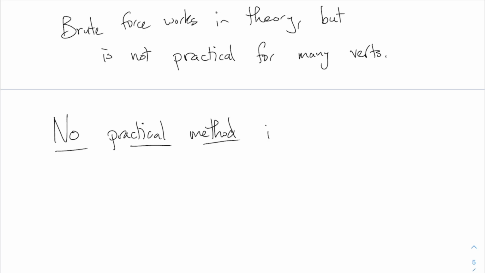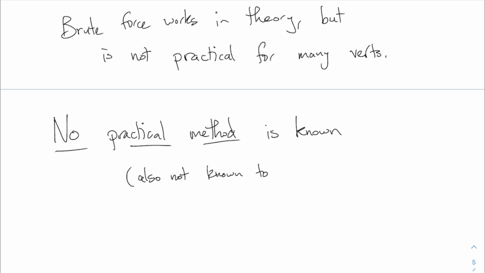No practical method is known. Mathematicians are trying either to find a practical method or to prove logically that it's impossible. But neither has been done yet. So no practical method is known, and it's also not known to be impossible.